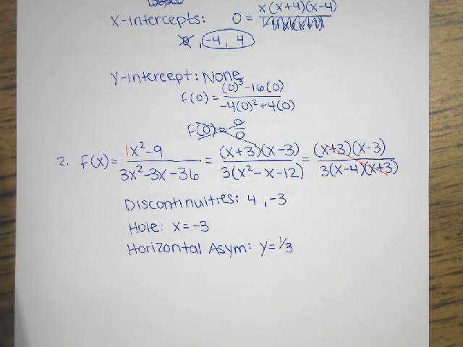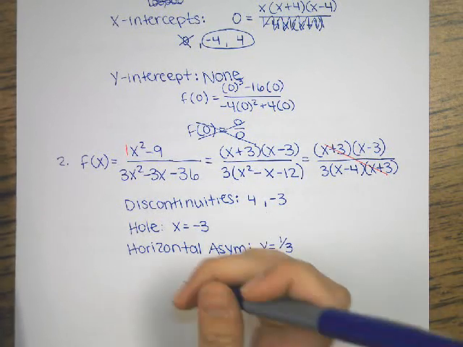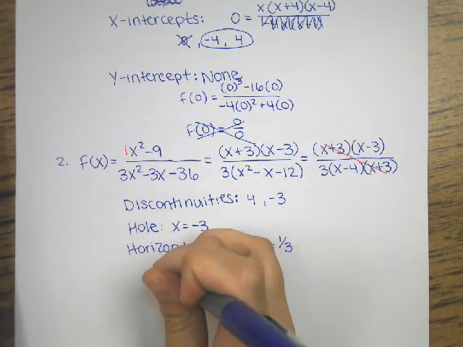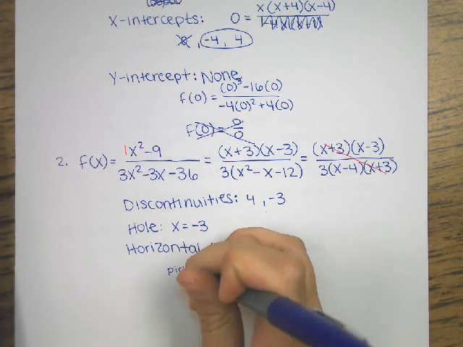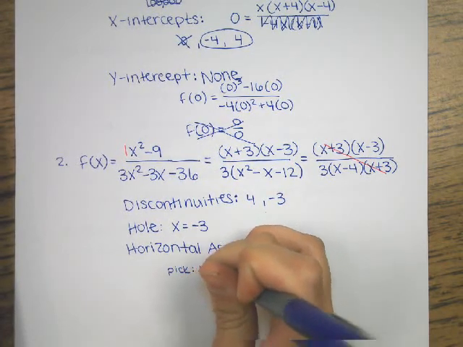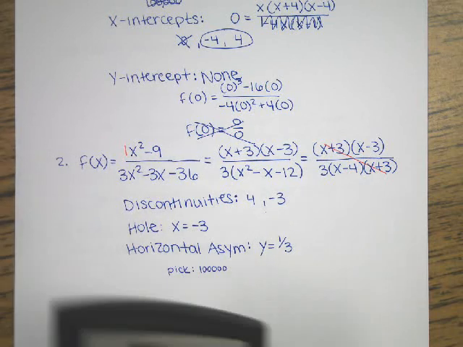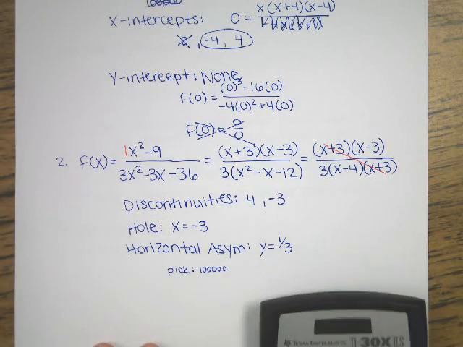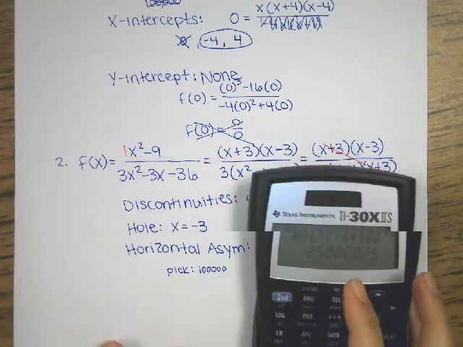To show that this actually happens, I'm going to pick a large number. And why don't we do like 100,000 like we did on the other side. And I'm going to plug it into the original and see what happens. Or you could plug it into the factored, it doesn't matter.